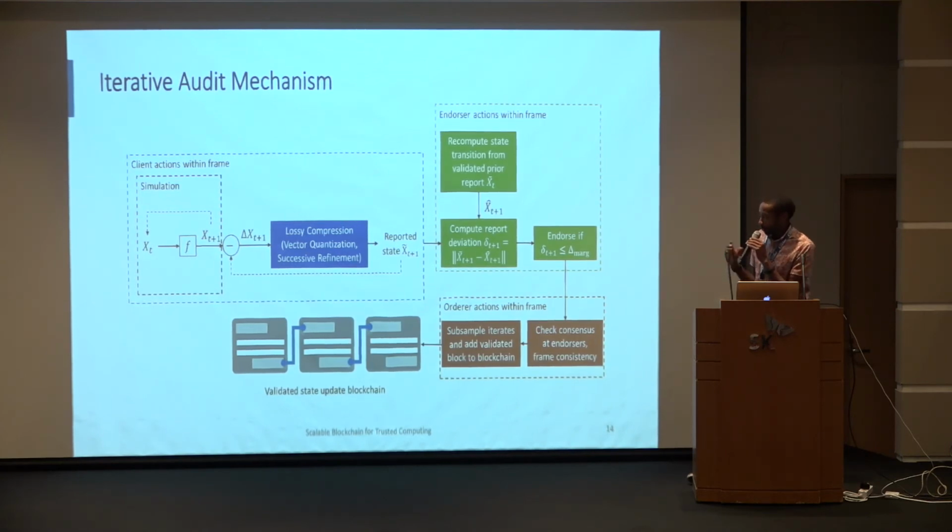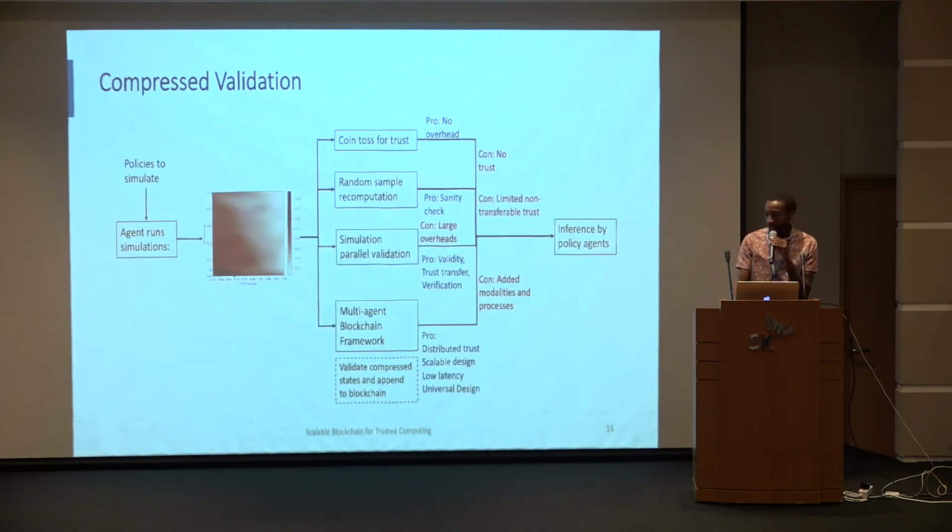The orderer then proceeds to check the consistency, subsamples, and stores to the blockchain ledger. Now we have the full validation compression framework, which provides the validation and verification from before and reduces the overheads, also at the expense of more computational blocks.